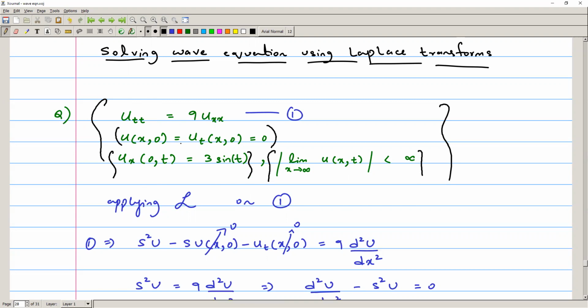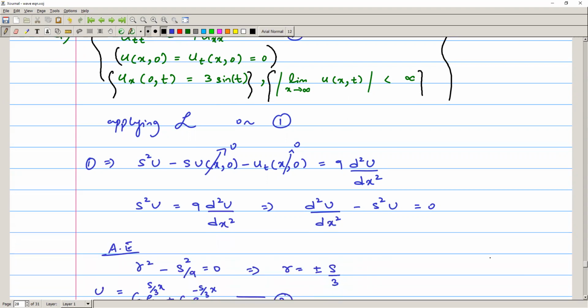So we are going to start with equation 1. We will apply the transform on equation 1.